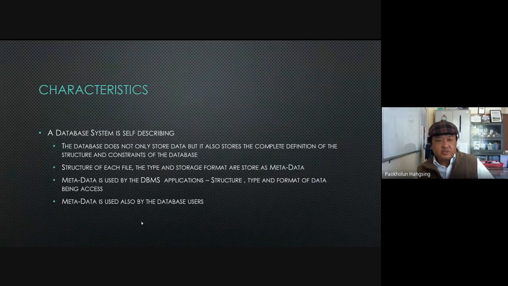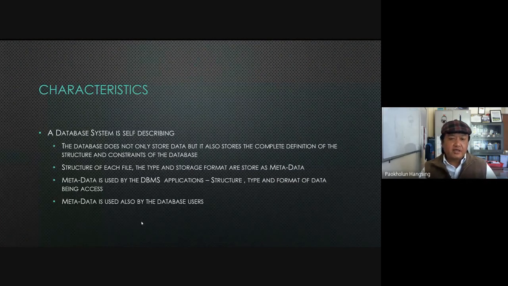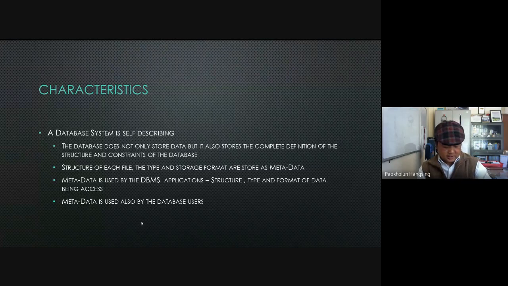Now let us come to the characteristics of a database system. The first characteristic of a database system is that a database is self-describing. We have mentioned a little bit about self-describing in the form of metadata.